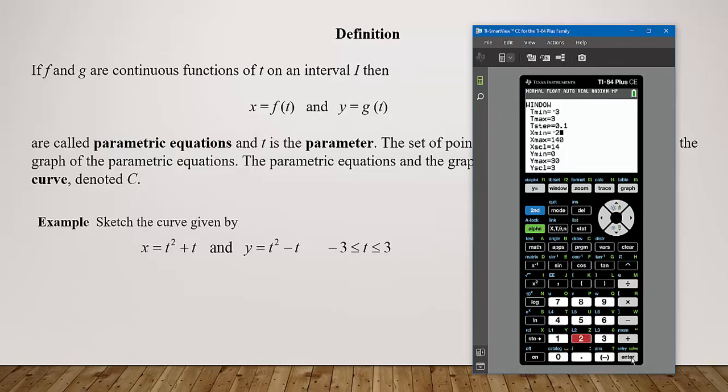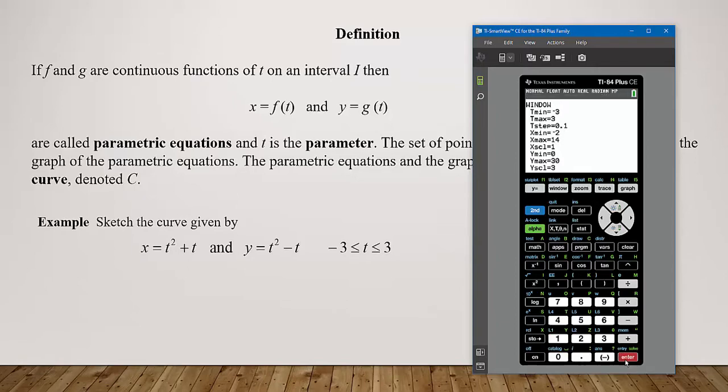I'm going to make it a -2. X max. Well, I'm looking at my x. X is t squared plus t. If I put a t value of 3 in there, I'd get 9 plus 3, which is 12. I'm going to go a little larger than 12. I'm just going to go to 14. And then I'd scale my x-axis by 1s.